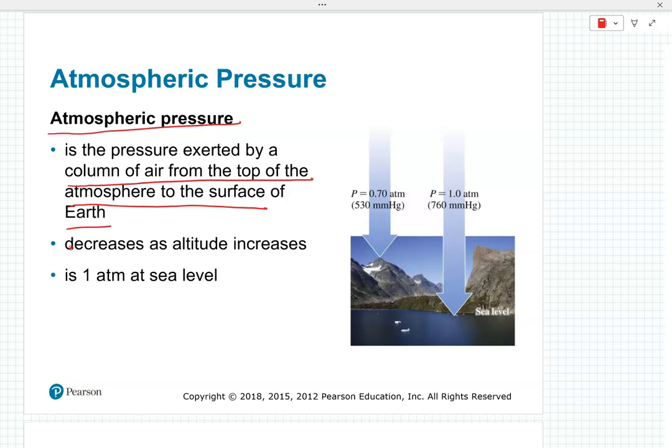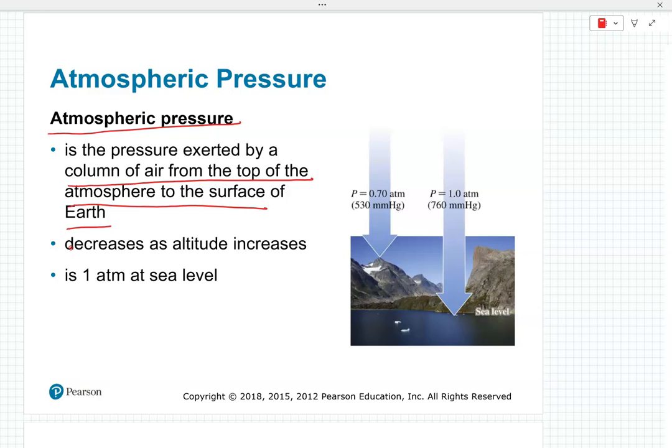It's 2 kilometers up. So now the distance between me and the top of the atmosphere is not 20, but 18. Okay? Making sense? As I go up, that difference becomes less and less, and the column of air that pushes down on you becomes shorter and shorter, and the pressure goes down. Okay?